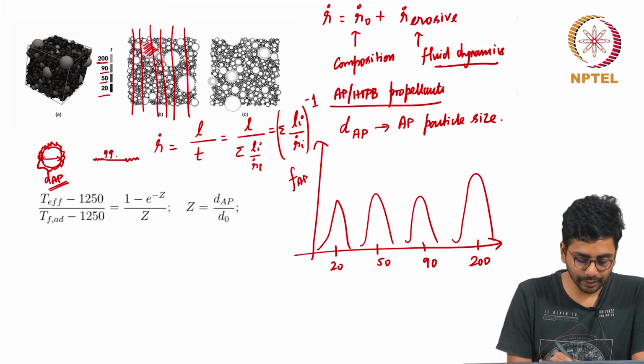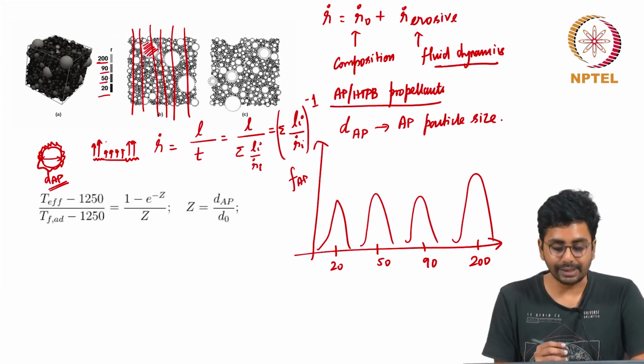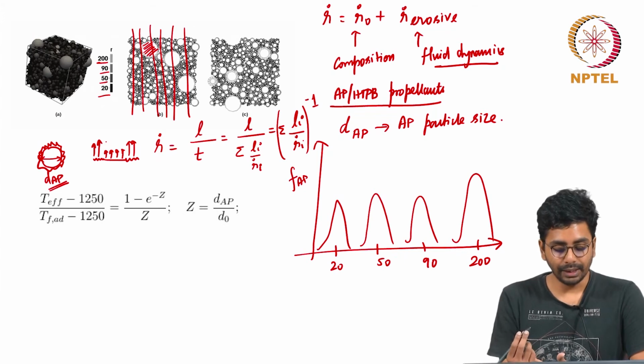Oxidizer is issuing from the center, fuel vapors are coming off from the periphery. So, the question is what controls the structure of the flame and therefore the heat flux that goes to the surface, which in turn controls the regression rate. The idea is very simple.